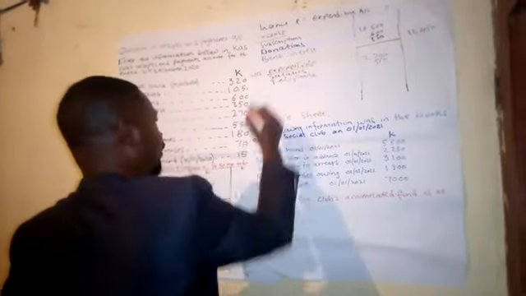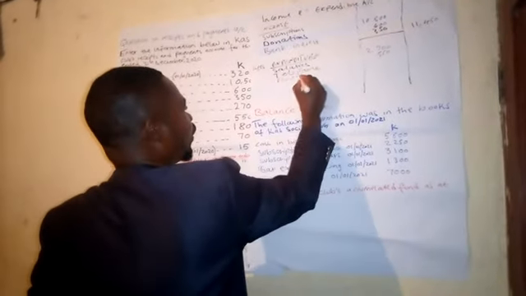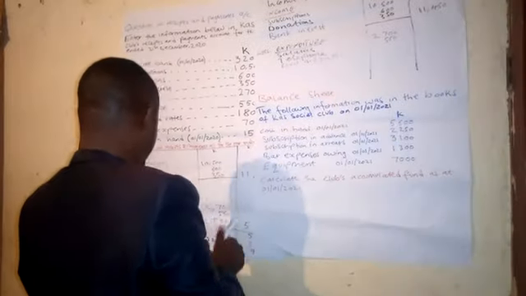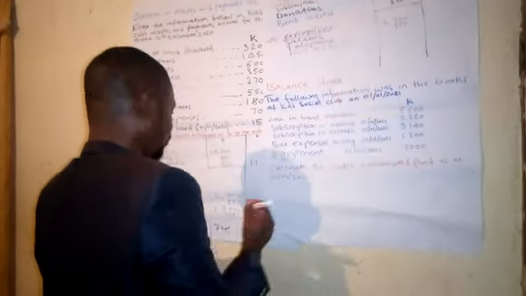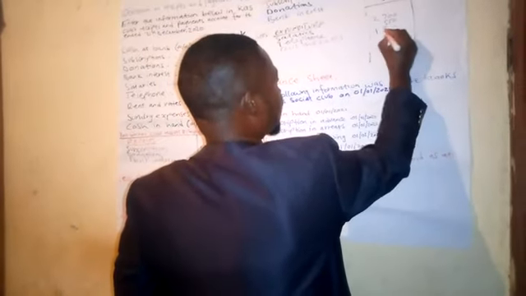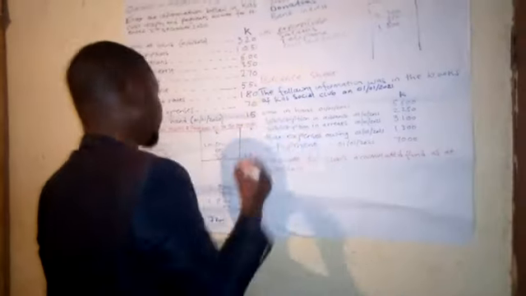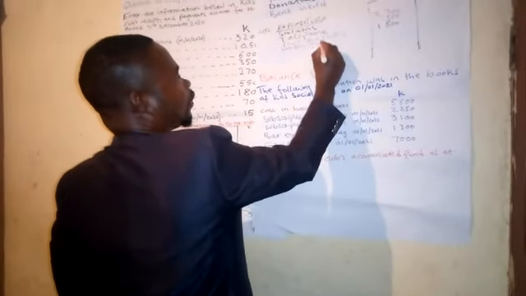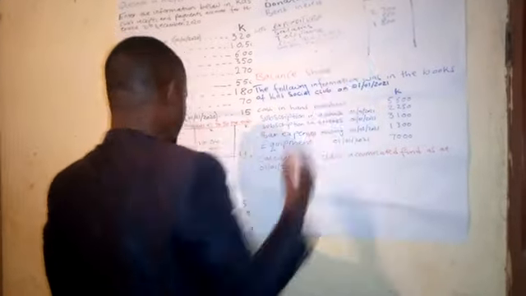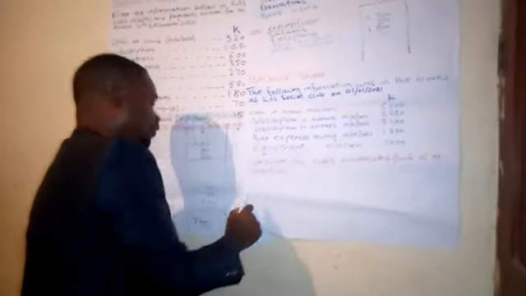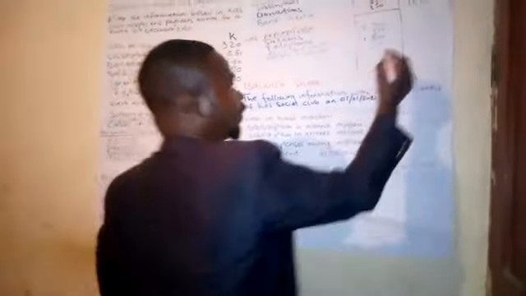Then rent and rates, 1,800. Then sundry expenses 700. Okay, so the total was giving us 5,750.